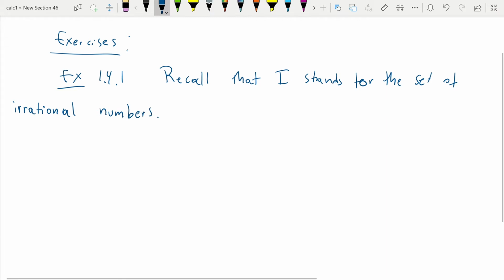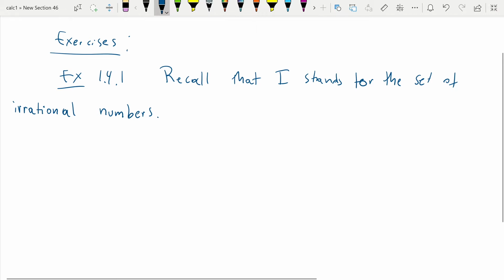Actually, it's stated here that you should recall this, but I don't recall that it was ever introduced. It was just mentioned in passing, but never actually defined as the set of irrational numbers.